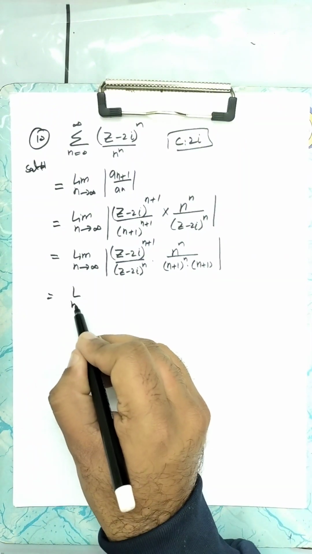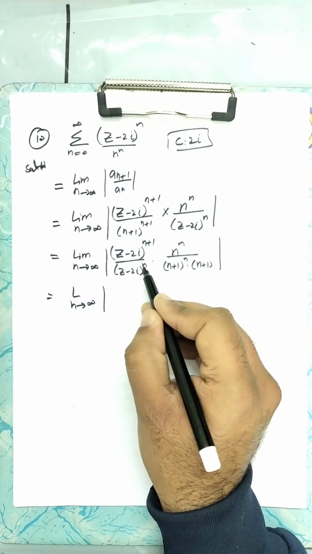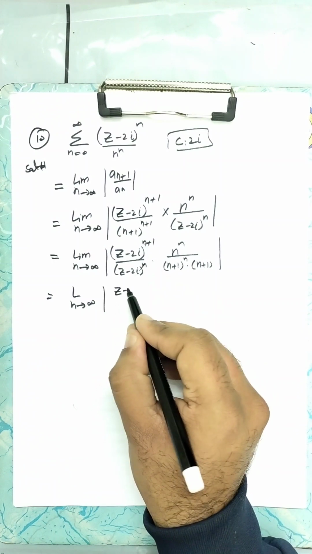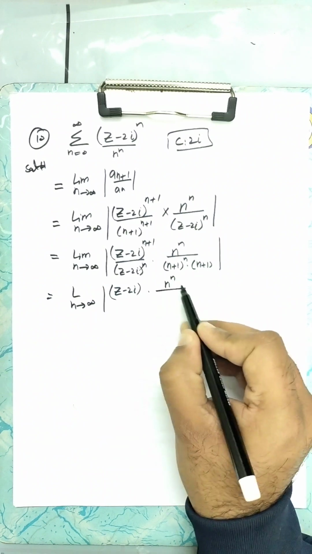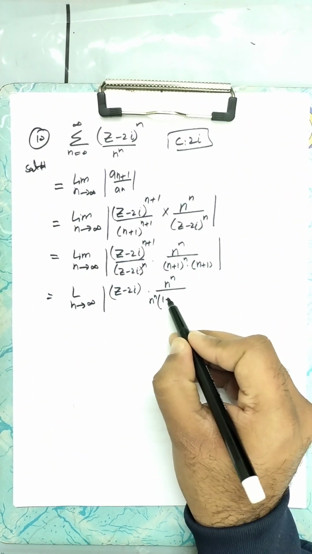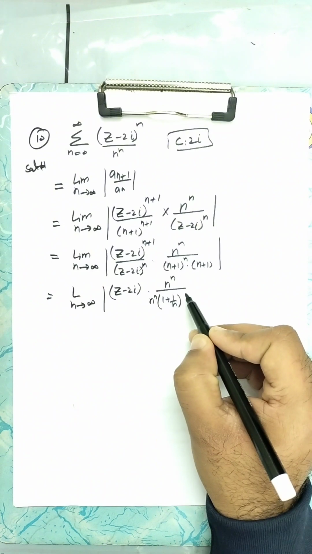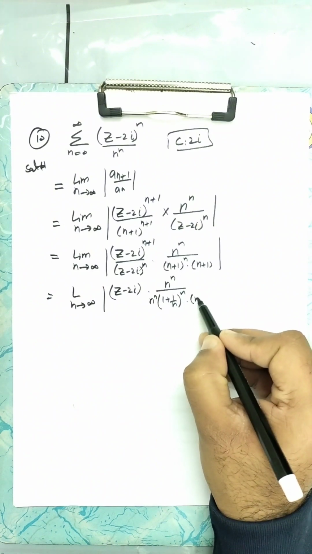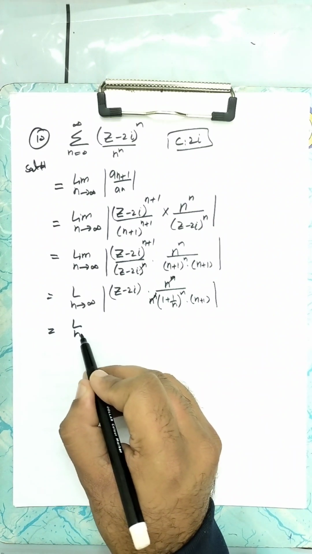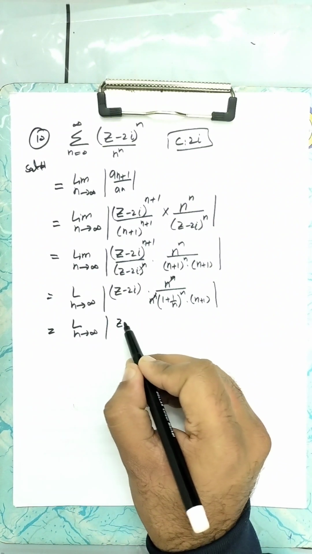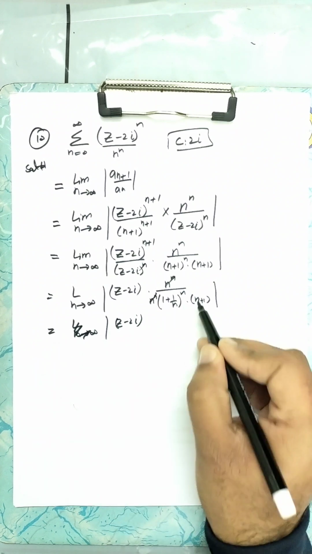So we solve this, cancel out this, and it becomes z minus 2 iota, and here we take n to the power n common from the denominator, and this becomes 1 over n to the power n, times n plus 1, and these two terms cancel out, and this becomes z minus 2 iota, and put the limit here.